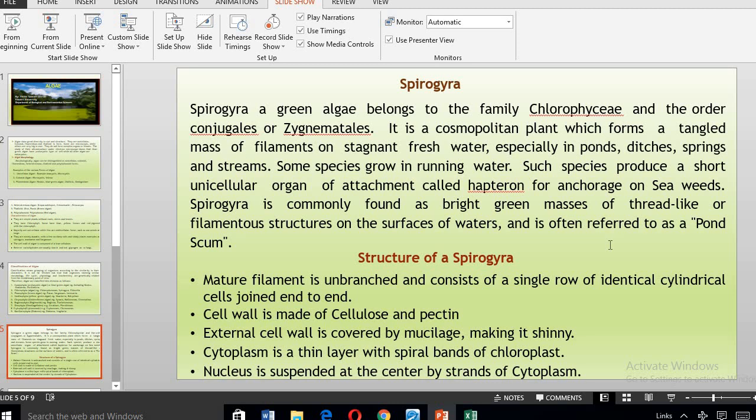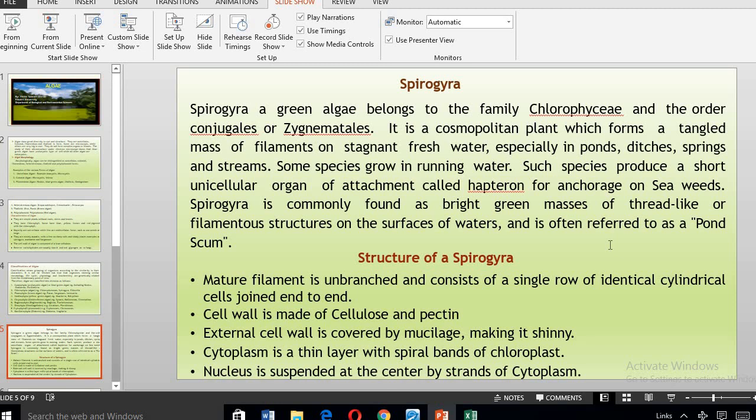Remember the photo we saw at first? It is found especially in ponds, in ditches, in springs, and even in streams. You'll find that some species of Spirogyra even grow in running water. So you can wonder how it can survive when the water is moving. These species produce short unicellular organs for attachment that are referred to as hapteron. This hapteron makes the Spirogyra anchor on the seaweed, so when the water moves, they cannot be washed away.